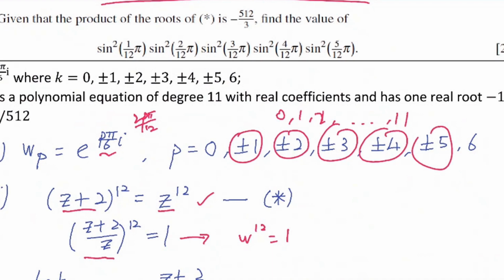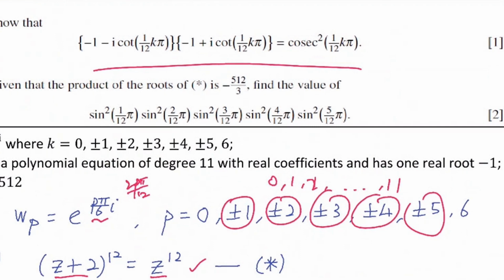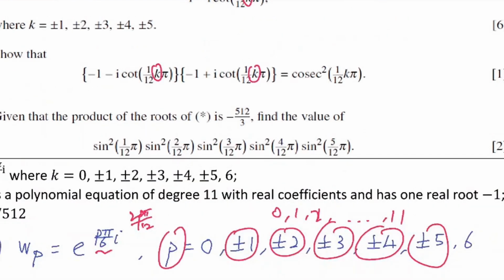So when t takes the value of these 5 for the equation there, we have also proven in part 3 that it gives us this result here. You can see the result here, because the k that we have here is actually our p here.